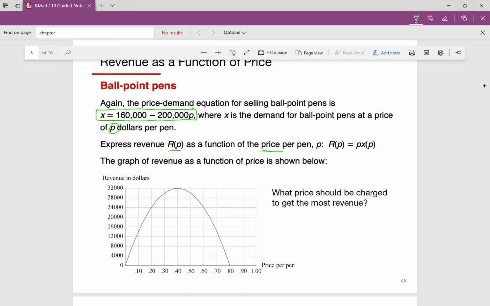Okay, so you should know that revenues is equal to the price times the number of demand. So the number of demand is X here.